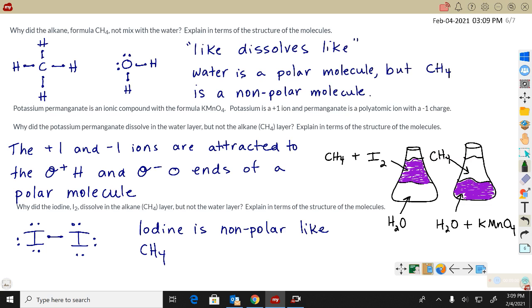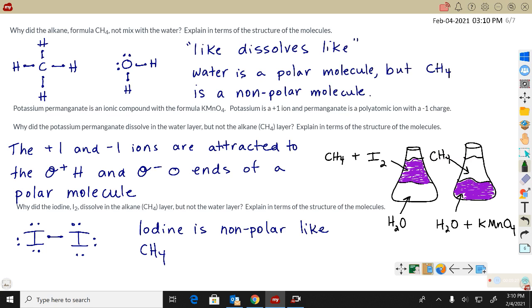Something that's non-polar has no regions of charge, so it wouldn't mix with the polar water molecules. Something along those lines, but you really had to explain polarity. What does it mean that like dissolves like? And how do I know that water wouldn't mix with something like CH4? That, oh, because water is polar and the CH4 is non-polar.